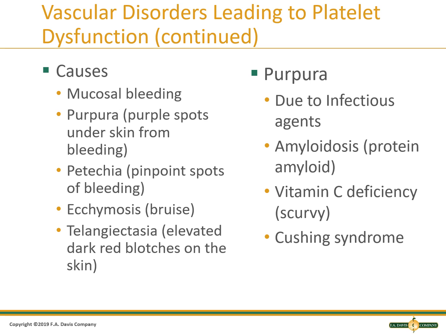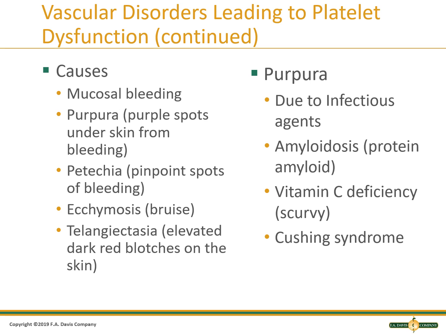Purpura, which are purple spots under the skin caused from bleeding right below the top layer of skin. Petechia is the same thing, caused by bleeding, but instead of a small spot, it's actually pinpoint spots of bleeding. Ecchymosis, which is actual bruising. And telangiectasia, which is elevated dark red blotches on the skin, where the purpura and the petechia are typically not elevated, they're flat.